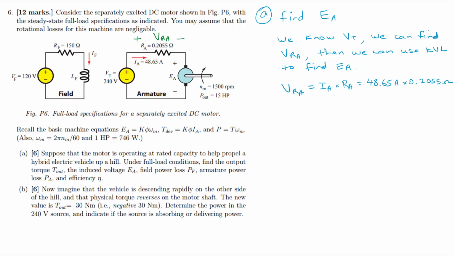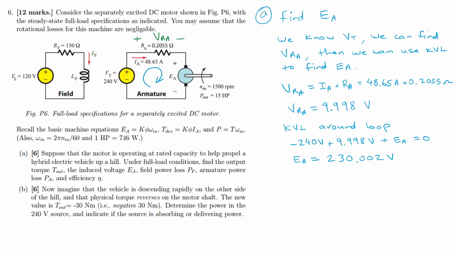Okay, so the voltage is simply the current times the resistance, and when we plug in the values, we get a voltage across the VRA resistor of 9.998 volts. Okay, so that's our first result for solving for EA.